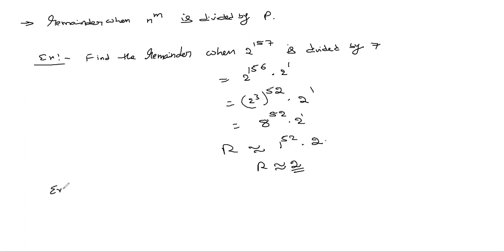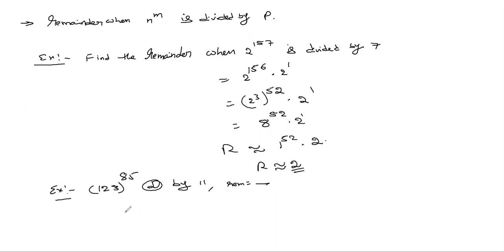Next example. 123 whole power 85 is divided by 11. Find the remainder in this division.